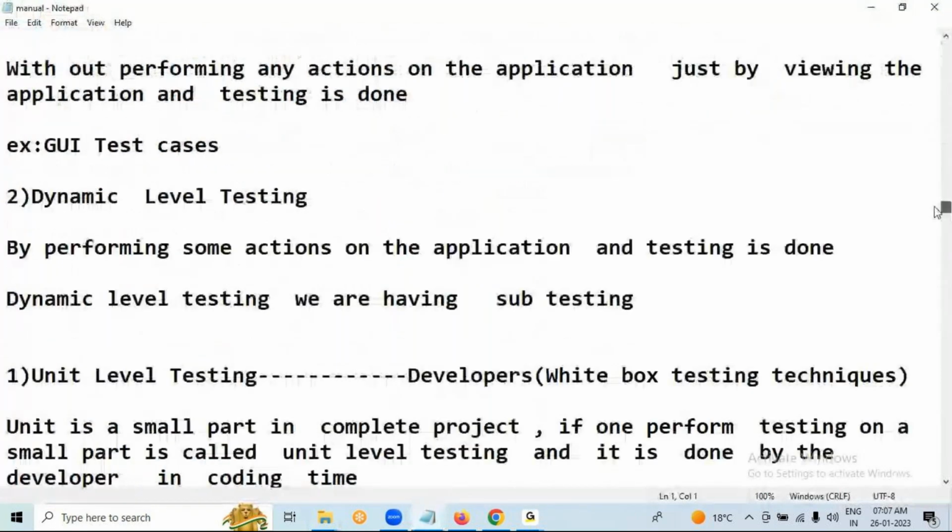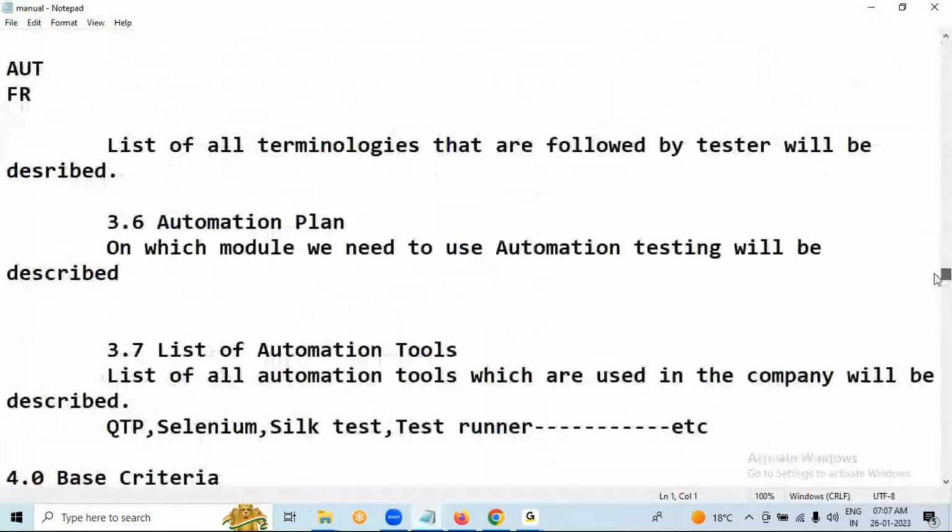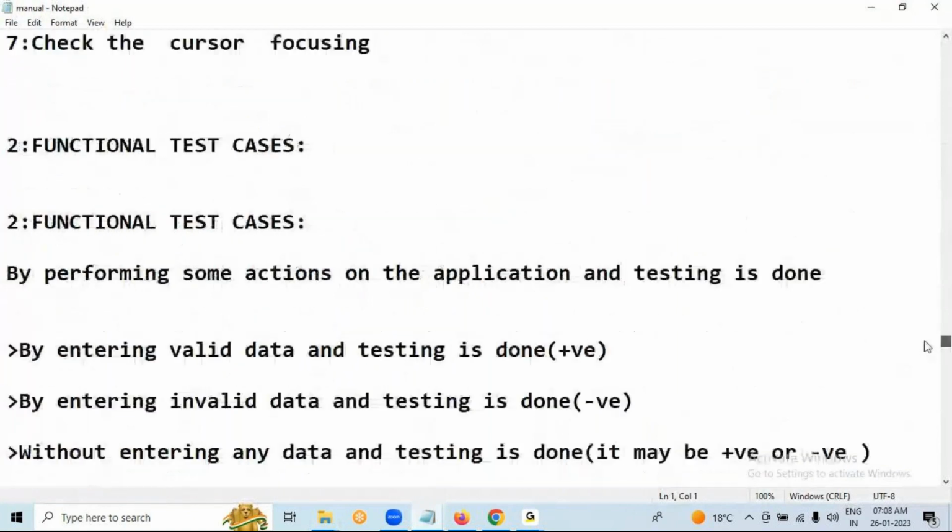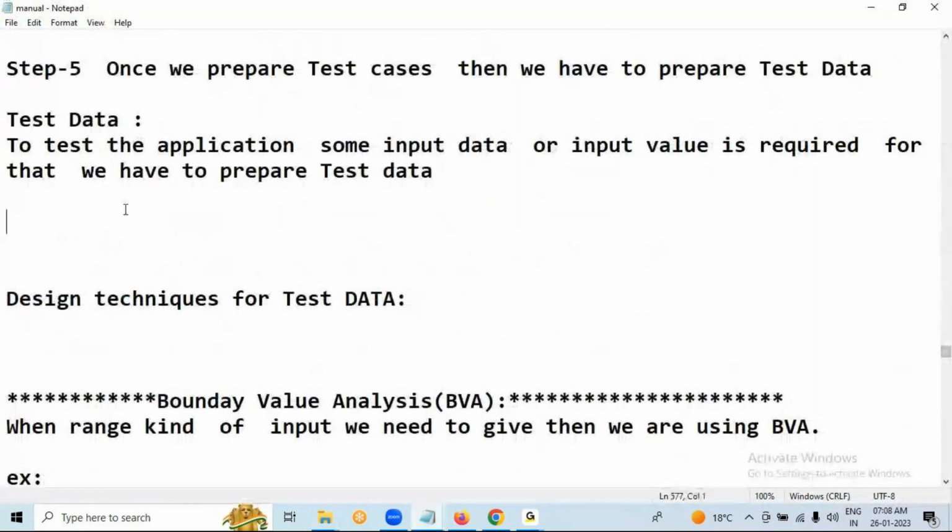If you want to prepare test data, we follow some design techniques, called black box design techniques. Earlier I told you about them. So black box design techniques we will prepare after that.